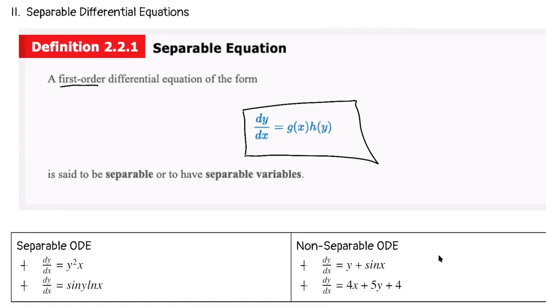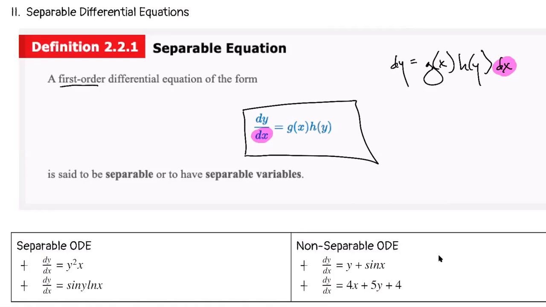Wouldn't you just multiply by dx on both sides so that you get the dx on the other side, and then you divide by the h of y function so that it's on the other side with dy? Okay, so I heard you say you're going to take this dx and multiply it to the other side. Yep. For some folks that's a little bit of a weird thing, because when we look at dy/dx, we sometimes forget it's actually a fraction.